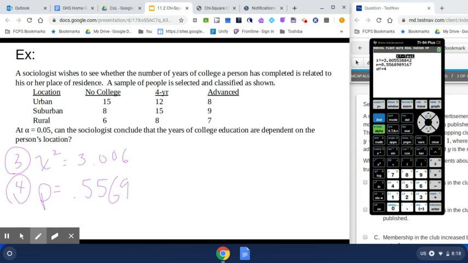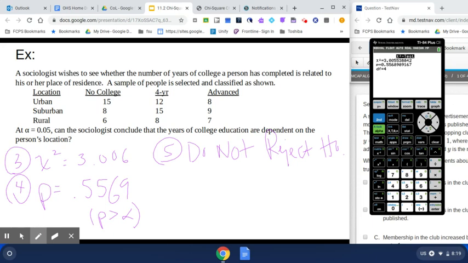Okay, so P is greater than alpha. So P is not low. So our decision is do not reject the H0. If we're not rejecting the null hypothesis, that means we're keeping that null hypothesis idea, which, if you remember, we wrote the null hypothesis was the two things are independent.